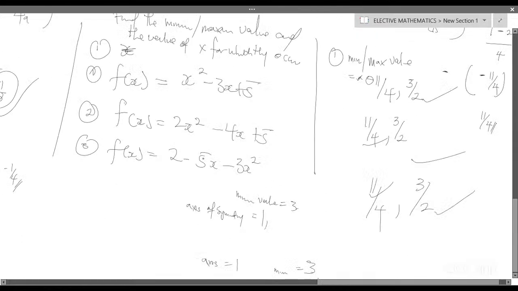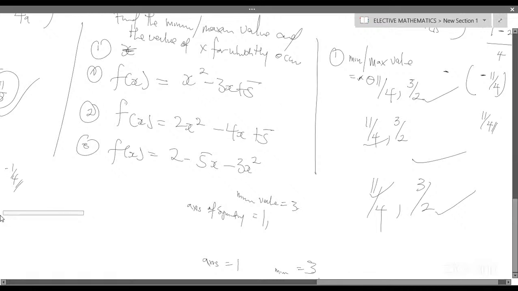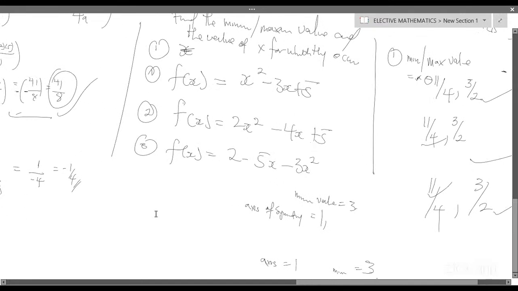Okay, so basically it's the same strategy we are going to use, right? So minus into bracket b squared minus 4ac over 4a. So minus into brackets, what's our b? Our b is -4, right? -4 all squared. Minus 4a, what's our a? 2, what's our c? 5, over 4, what's our a? 2.